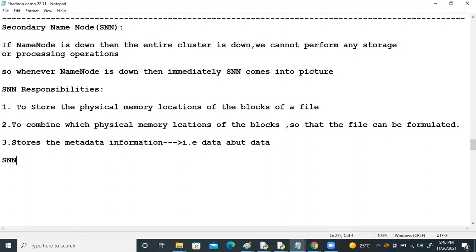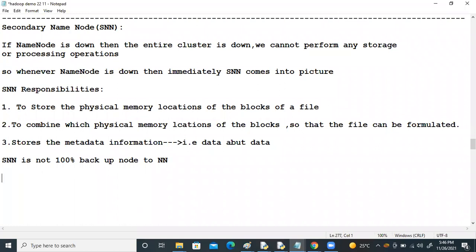Secondary name node is not a 100% backup node to the name node.